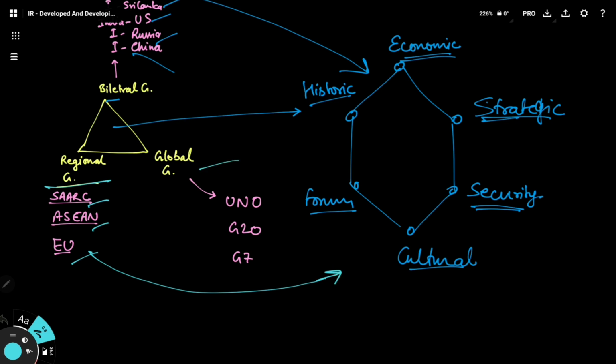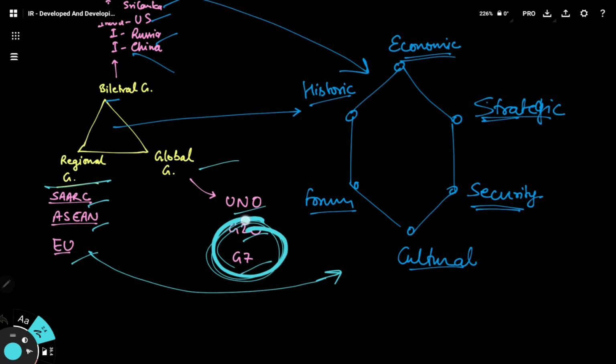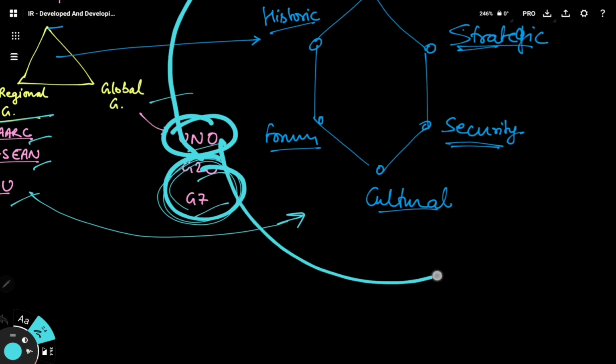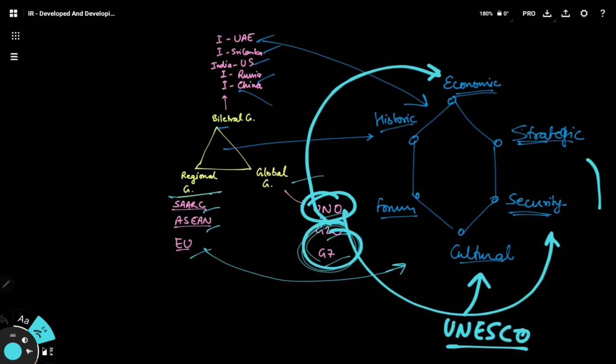Similarly, United Nations Organization, G20, G7, like these two especially are based on economic interest. And United Nations Organization, almost all things like security, UN Security Council, strategic and cultural aspect, UNESCO, है ना? So these cover these aspects. That's why these groupings are important.